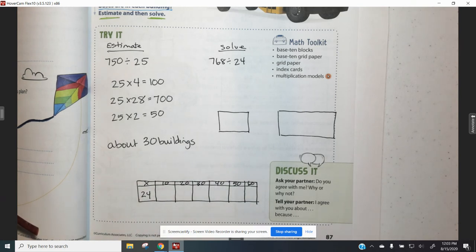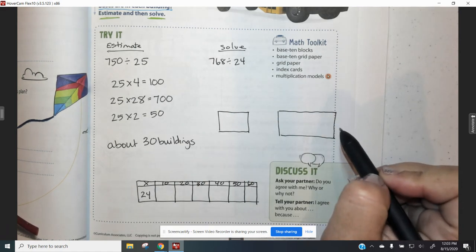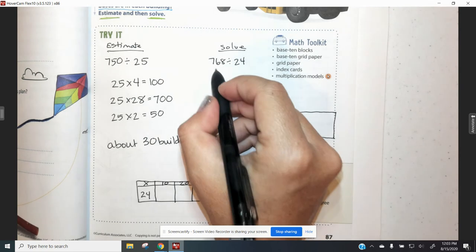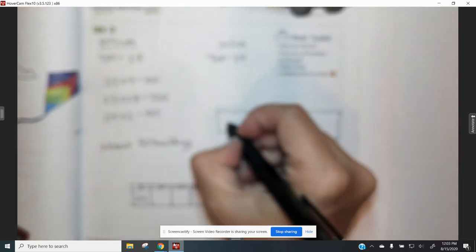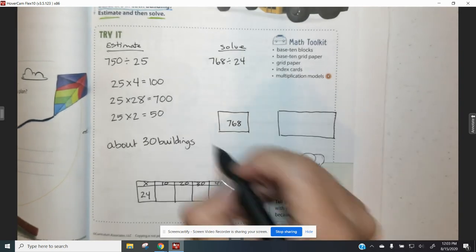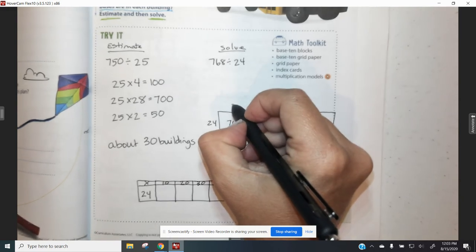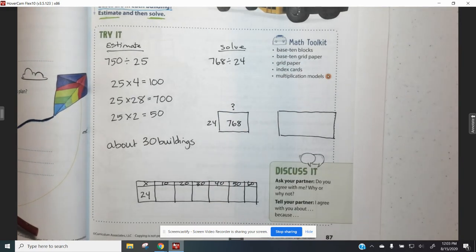Then we can go ahead and fill out the rest of our area model. So our dividend, the number that we're dividing, goes into the middle of the area model. Our divisor goes on the outside, and then our answer or our quotient is going to be at the top, but we don't know what that is just yet.